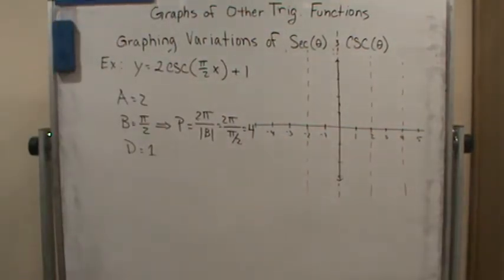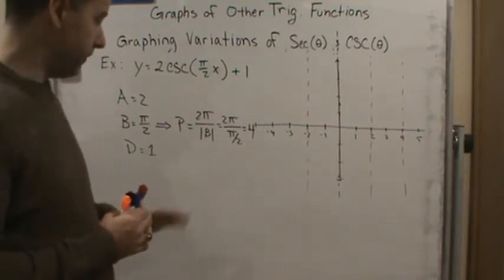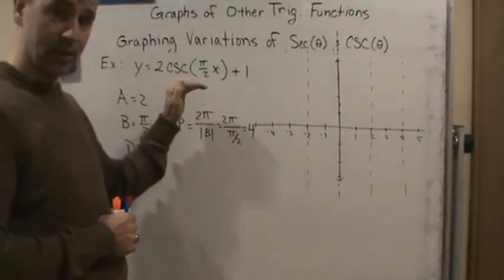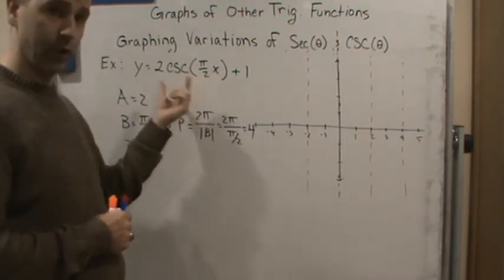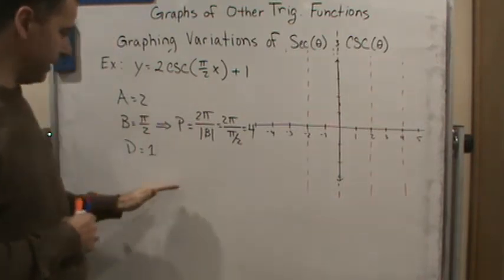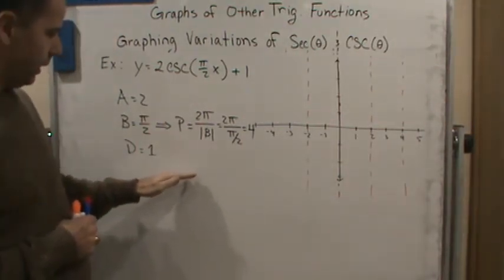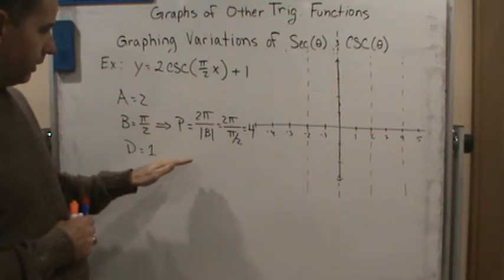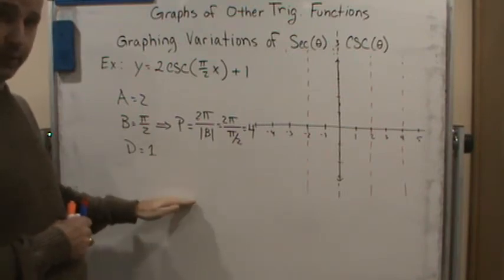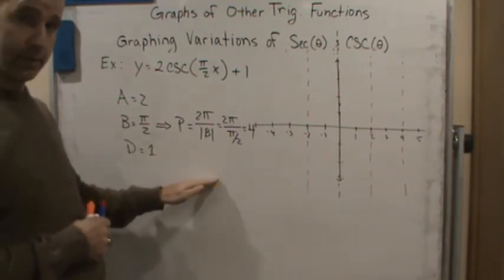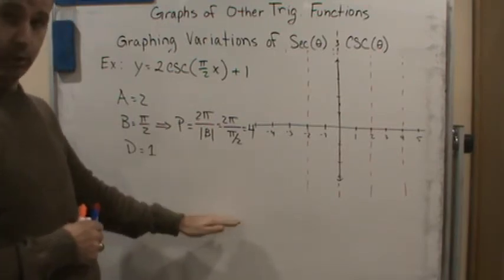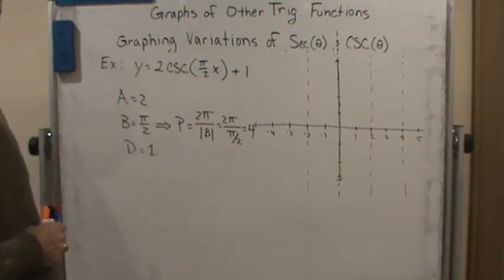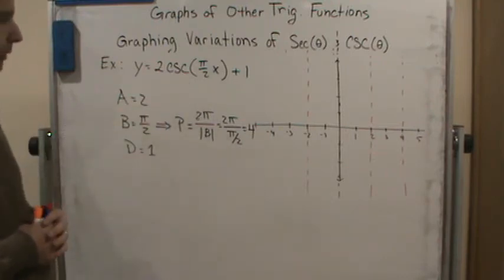So you don't have to memorize the formula to find out where the asymptotes are. You just have to understand how these work, right? That's the easiest thing. You don't have to memorize that this is going to happen at pi over the absolute value of b plus some multiple of that, for cosecant anyway.